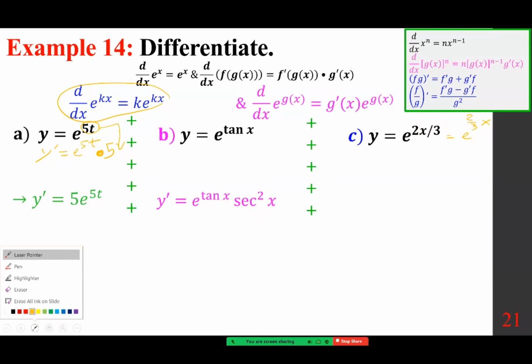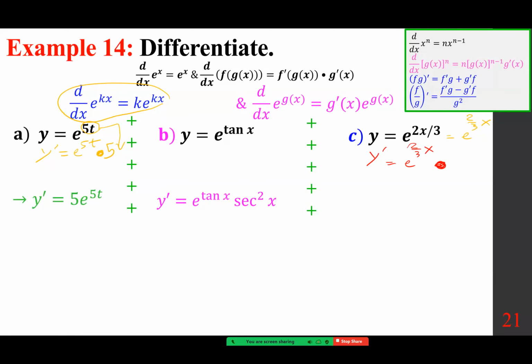If I want to differentiate, I get y prime is the same thing. But by the definition of the composite function, I need the derivative of 2/3 x, which gives me 2/3. I'll put it in front and I'm done. So very straightforward.